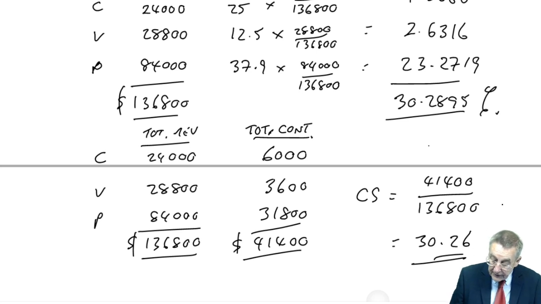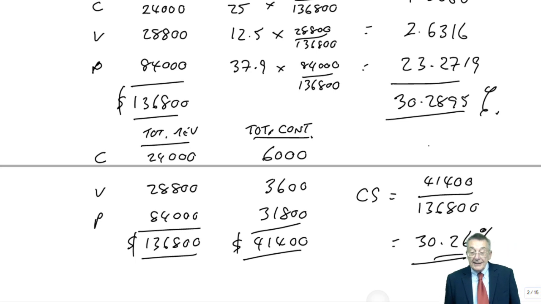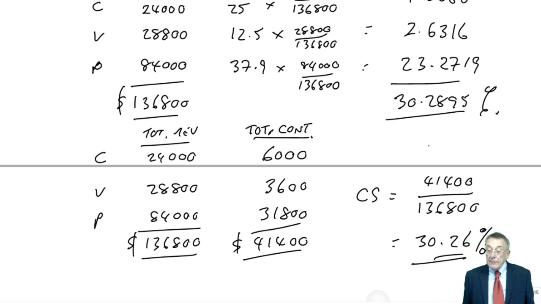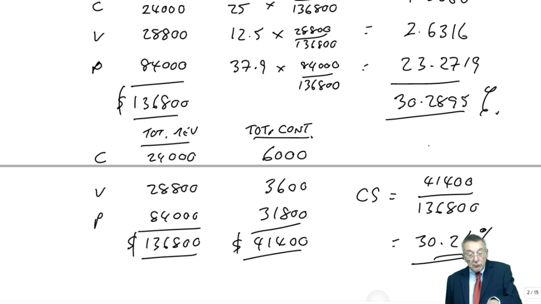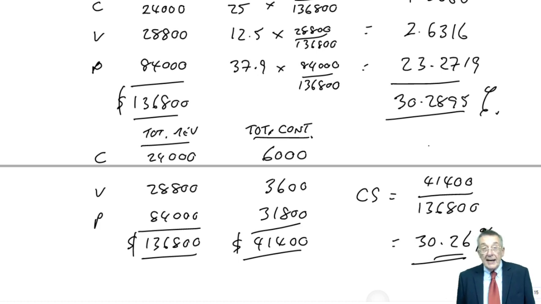It's slightly different, but I think I've done my arithmetic right. I'm sure you'll accept the difference is just rounding. They weren't nice figures. And don't forget, the P part wasn't precisely 37.9. There was rounding in that. So it doesn't matter. Normally, I find the second way quicker, but either will do.